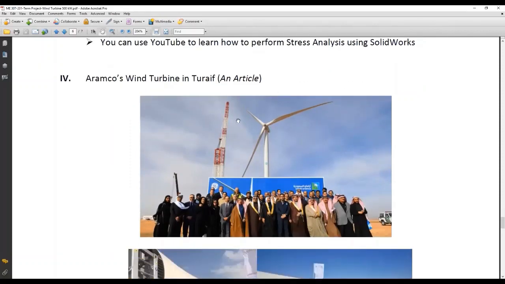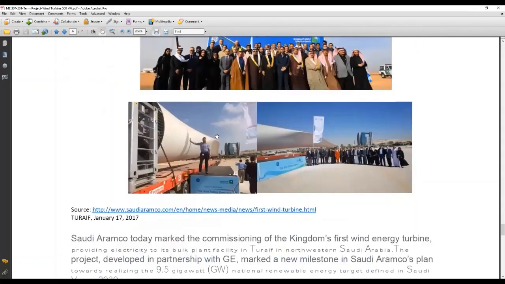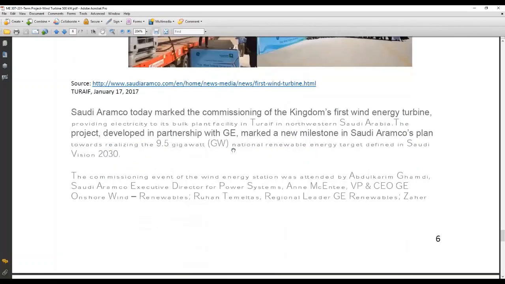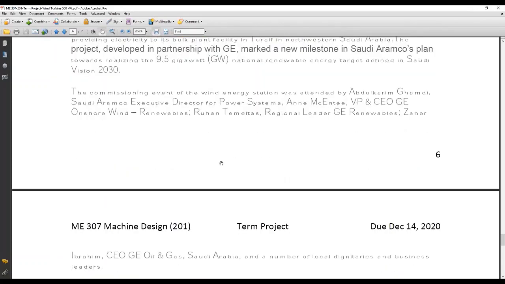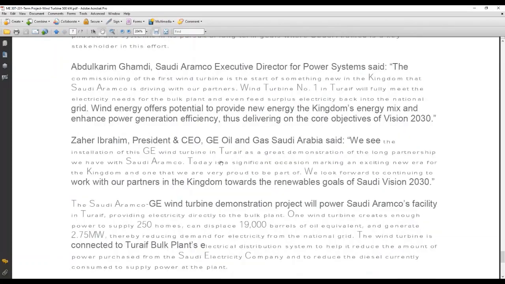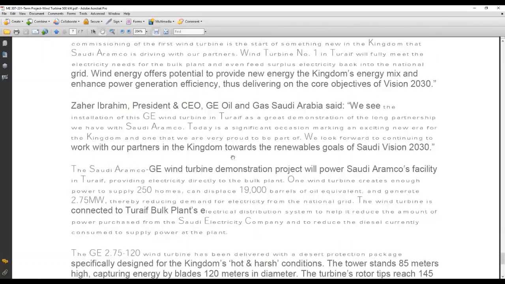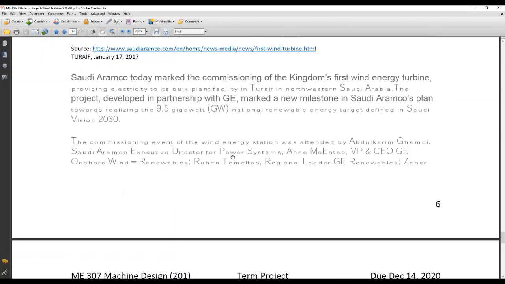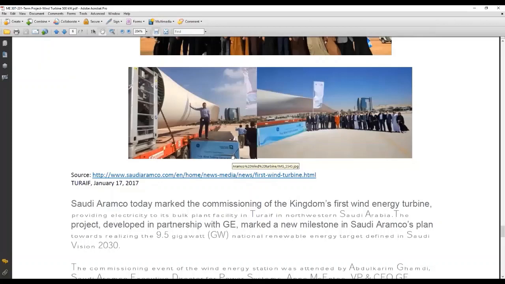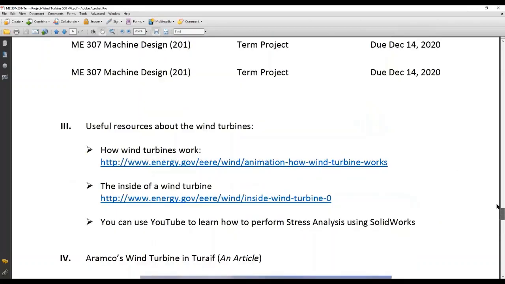This article was published a few years ago, just to show you the magnitude and the direction of the Kingdom. This was in 2017. I think there are more initiatives to build a wind turbine farm here in Saudi Arabia. So this is a new business.